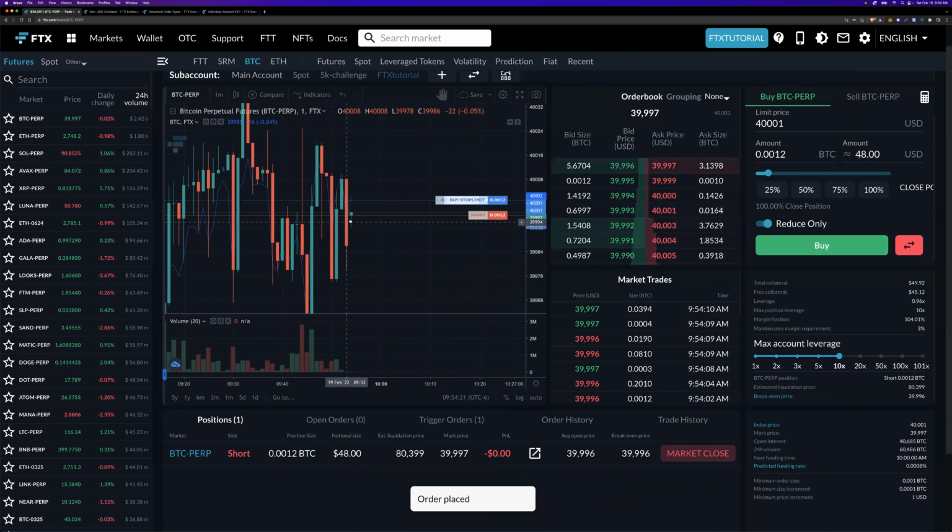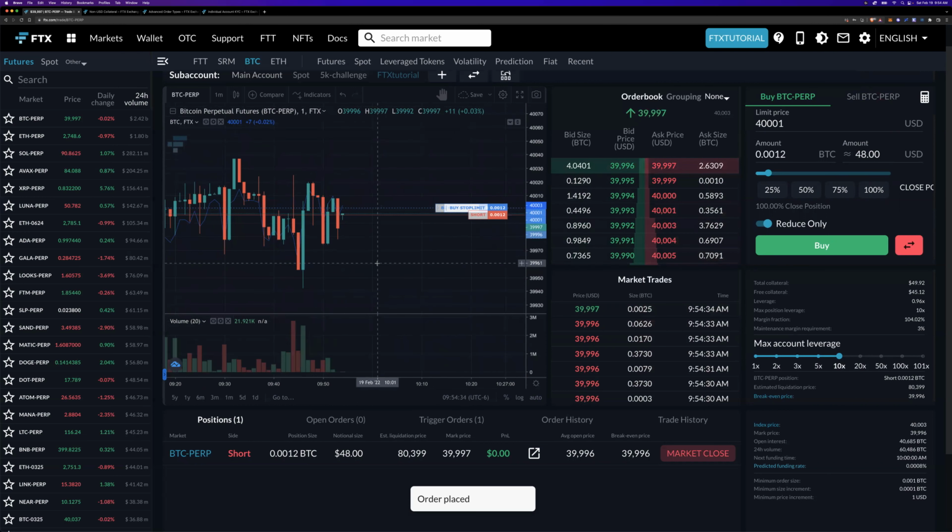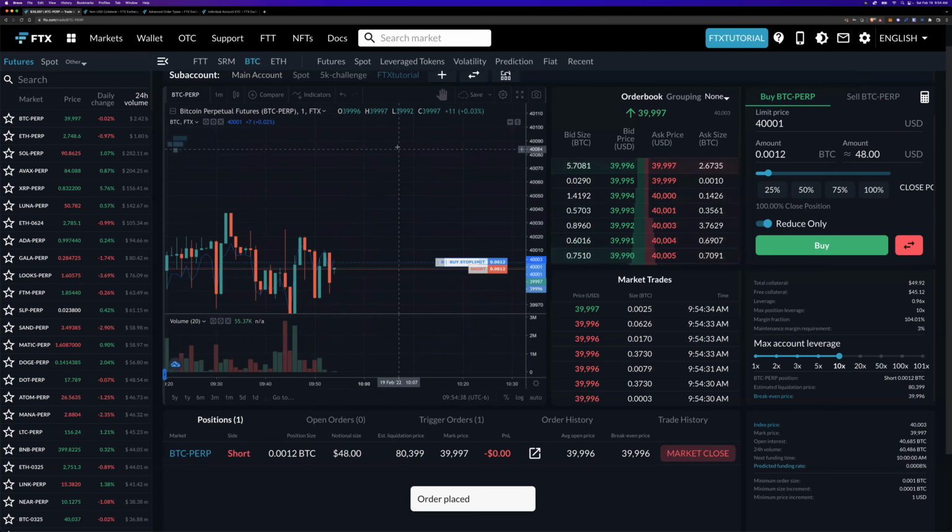So even if price shoots well beyond 40,012, it will not get me out of my order until I can get filled at 40,001. Now, the problem with this order is that you risk the price shooting up all the way to 40,100, 40,200 before it fills you, because it's a limit order.